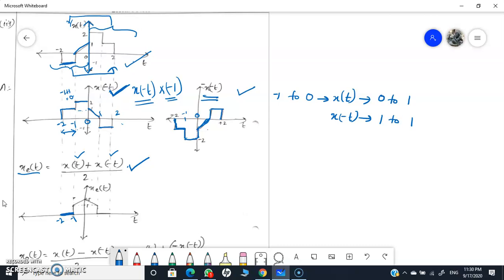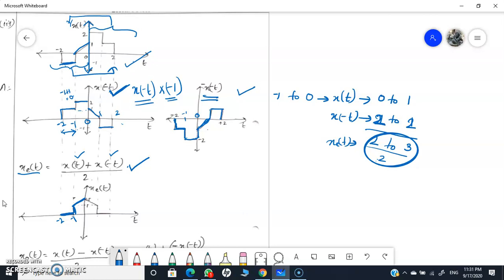And x of minus t is varying from 2 to 2, not from 1 to 1, it is varying from 2 to 2. So if I am taking the sum, it will be 2 here and 3 here, and you have to take the sum divided by 2. So the variation of x e of t is from 2 by 2, that is 1, to 3 by 2, that is 1.5. So that is why I am getting a portion like this. The amplitude is varying from 1 to 1.5.